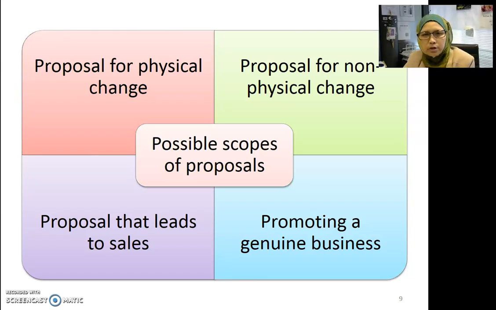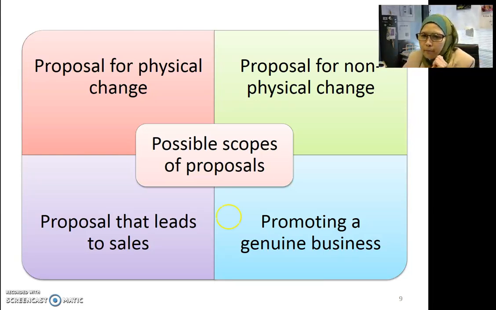Normally what you need to do is come up with a proposal to tell your bosses, especially the people in finance and all the relevant bosses, to justify why they need to fork out 8,000 ringgit for the equipment that you want. You know what I mean? So there's a proposal that leads to a sale, although you are not selling something, you're actually selling your idea. And there's an exchange of money at the end of the day, so there needs to be a price tag.